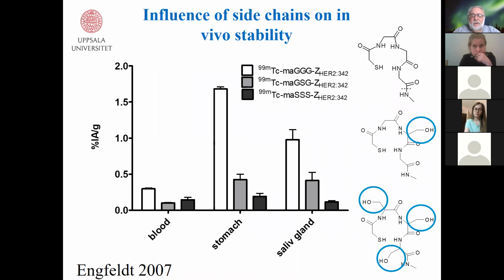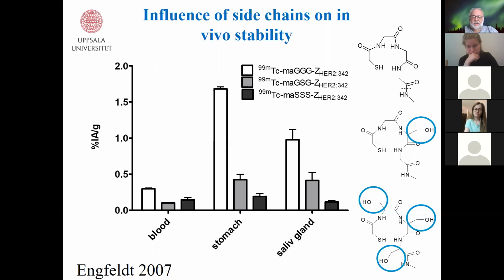So there were other effects of substitution of amino acids in the mercaptoacetyl containing chelators. If this complex of technetium is unstable in vivo, you have very clear manifestation. First of all, I mentioned that technetium is thiophilic. It loves SH groups.